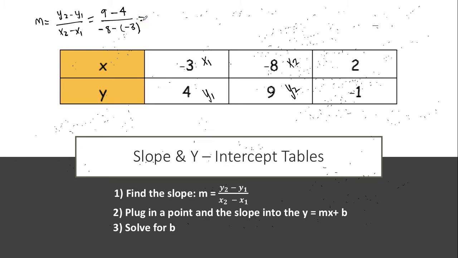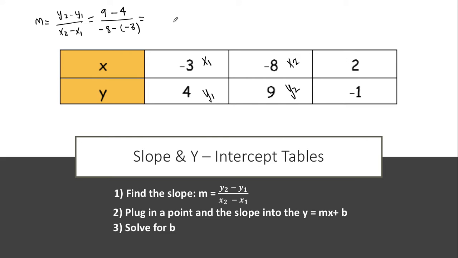And we're not doing this in our head, we're using a calculator. 9 minus 4 is 5. Negative 8 minus negative 3 is negative 5. So my slope, 5 over negative 5, again using my calculator, is negative 1. So here is my slope. I'm going to label it m one more time.